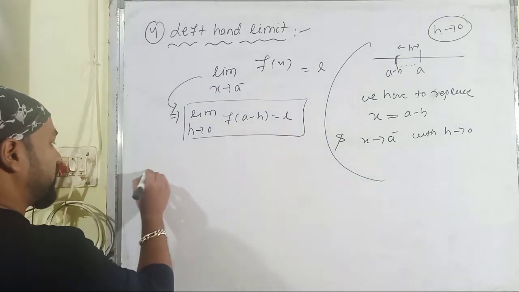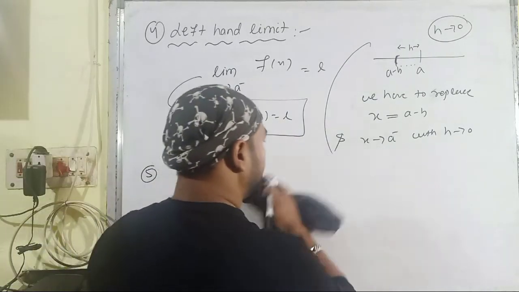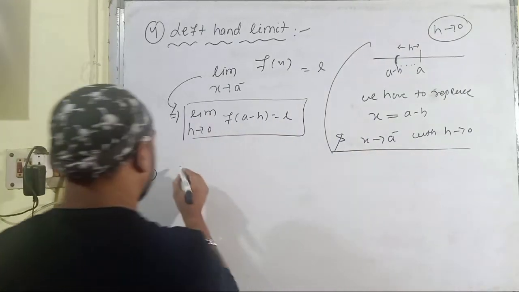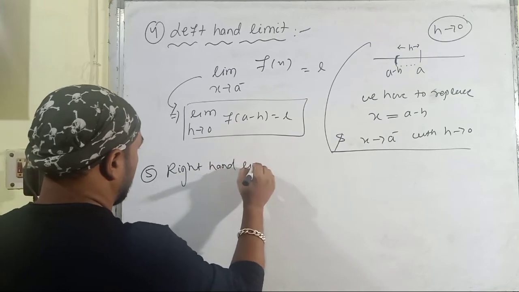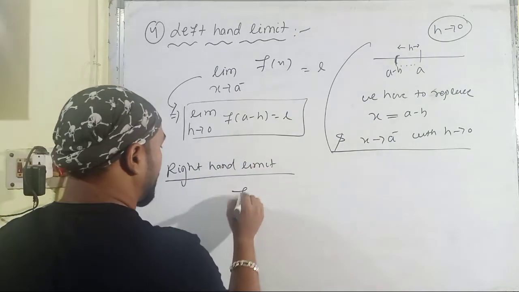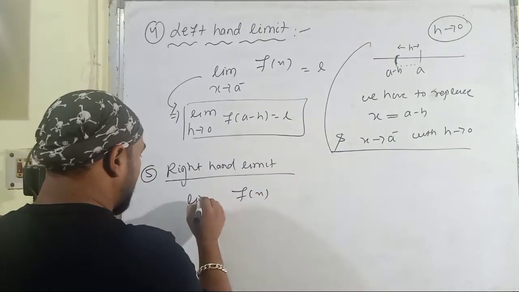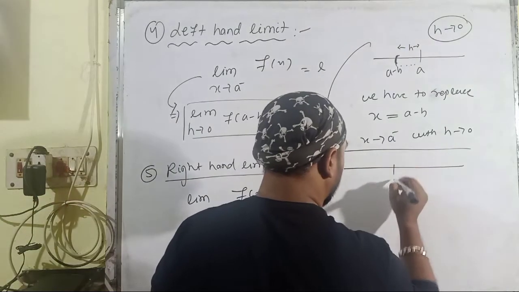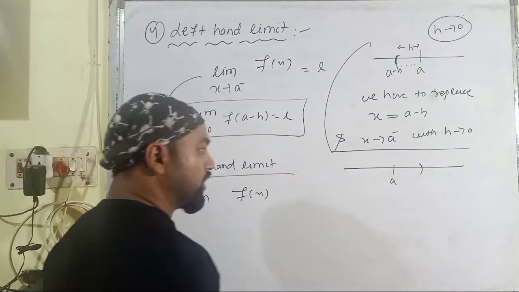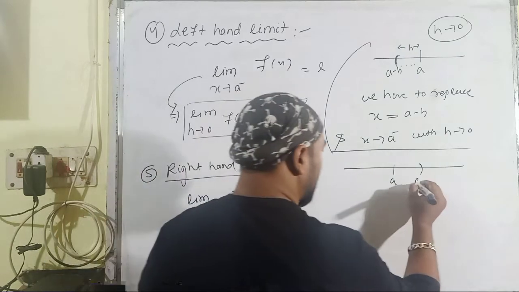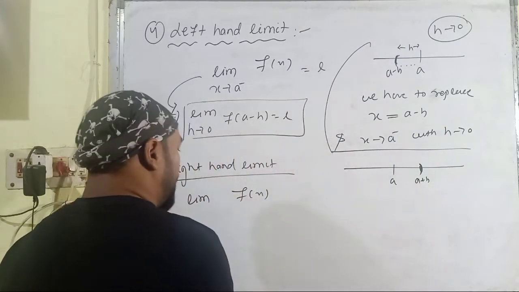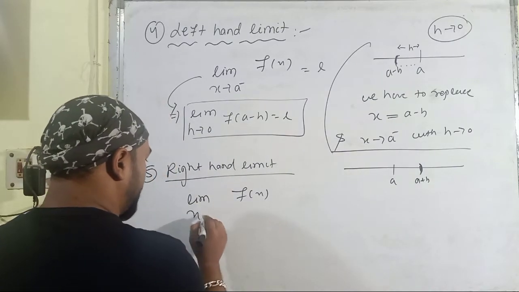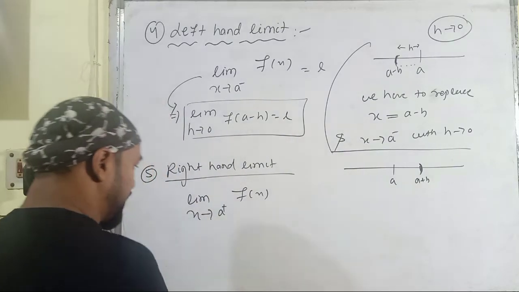Similarly, in the case of right hand limit, for the given function f of x, first of all we have to go through a diagram. We have to plot a point which is a plus h here. This is the point a plus h, and we have to determine the right hand limit.